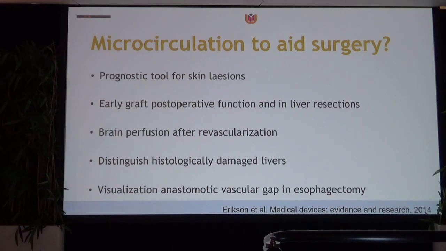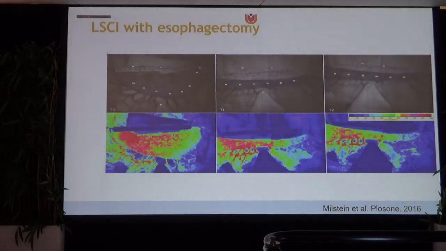There are a lot of descriptions of how microcirculation is measured and how surgeons use it, for example, as a prognostic tool for skin lesions, burns, early graft and postoperative function after liver resection, brain perfusion, histologically damaged livers to distinguish between good and bad parts of the liver, and visualization of vascular gap in esophagectomy. And our group has some experience with the latter, so I'm going to tell you a bit more about this.